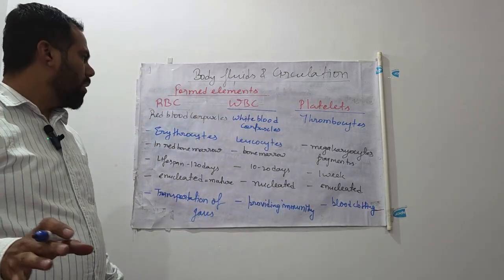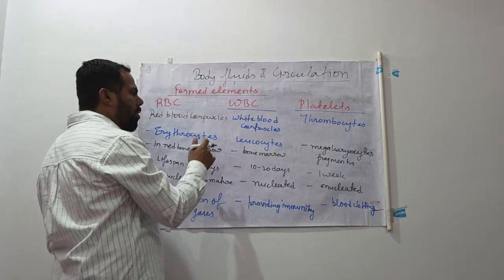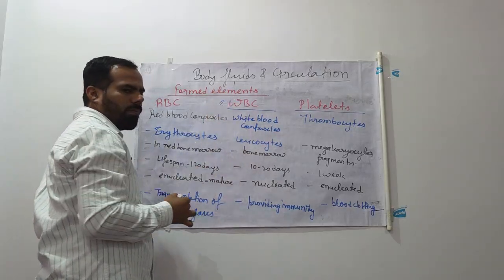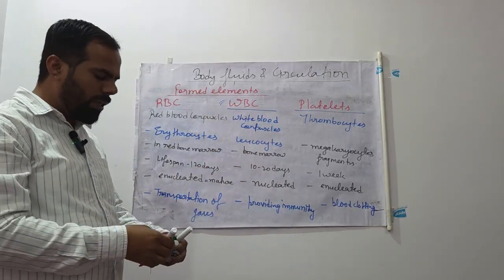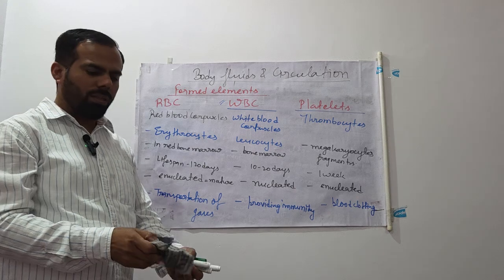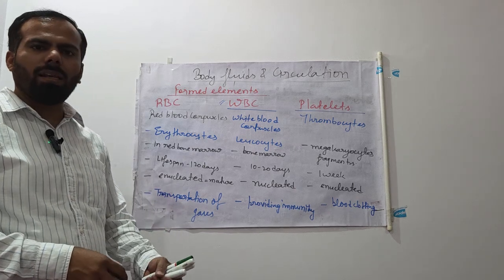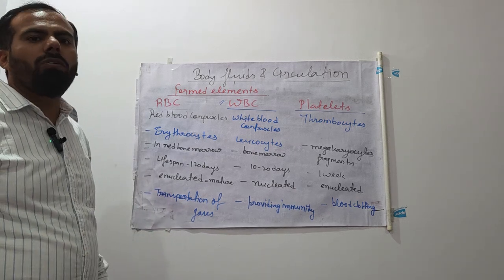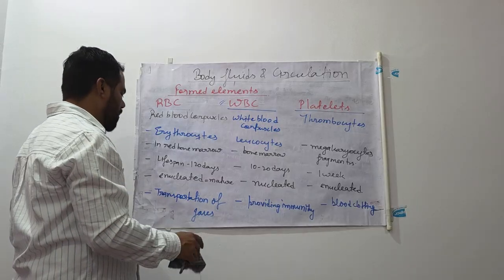Now I am going into the detailed description of WBC, because WBC is made up of some more components. WBC is not a single cell; it is a group of cells.